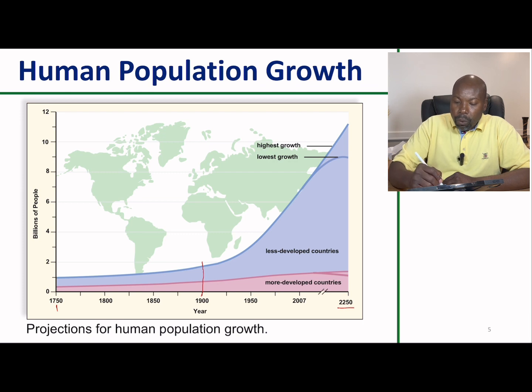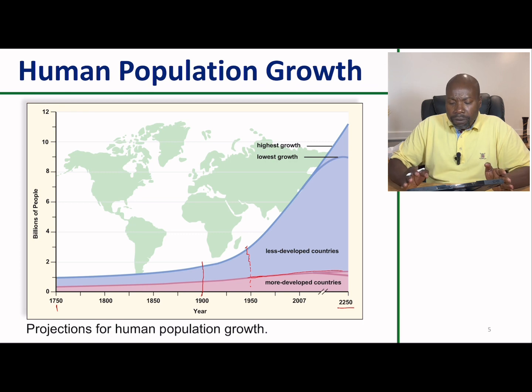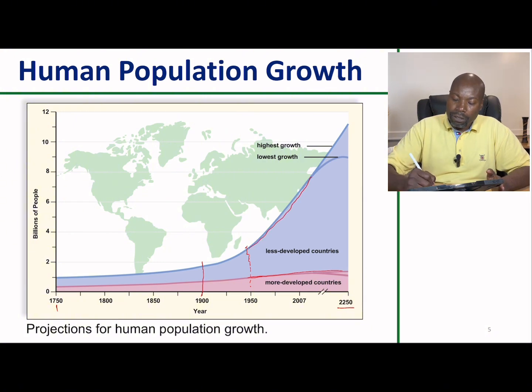However, when you consider the 1950s, you see that the population actually is starting to grow exponentially. Well, while this is not very noticeable in more developed countries, in less developed countries, you have a complete explosion of the growth in the population, right? Look at 2007, if we look at the growth, we see actually an exponential growth of population in less developed countries.